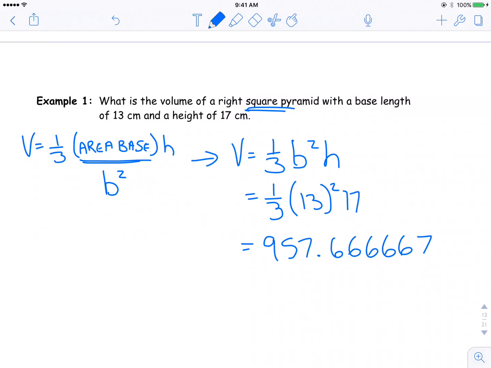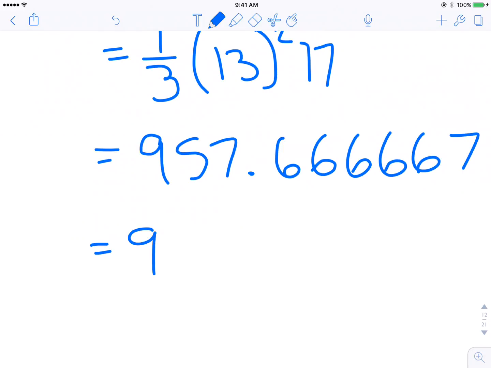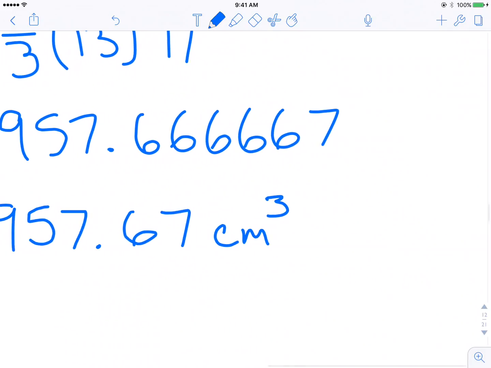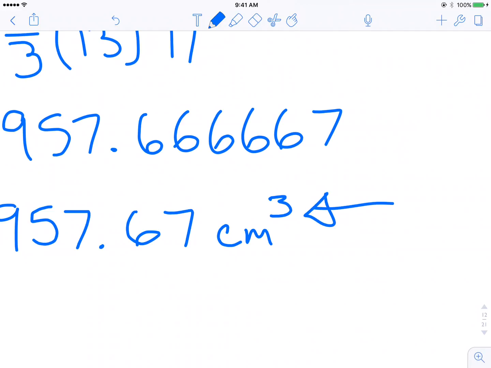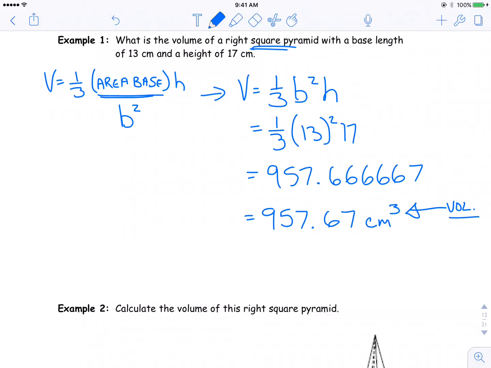The question does not tell us what to round to. So remember, 2 decimal places: 957.67, and my units, centimeters cubed. Volume units are always cubed. Area units are always squared, volume units are always cubed.